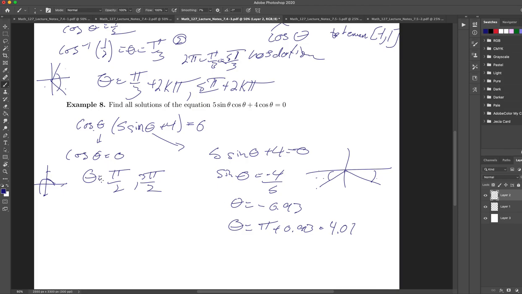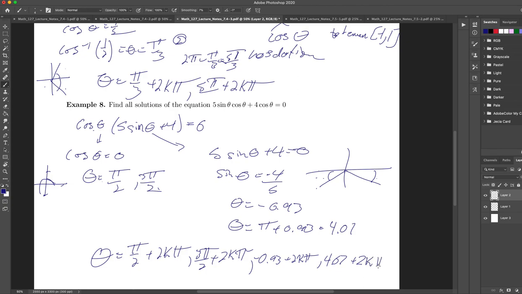Alright, so now I have all my angles, and so just to write it all as all the solutions, I'm going to write pi over 2 plus 2k pi, 3 pi over 2 plus 2k pi, minus 0.93 plus 2k pi, comma, 4.07, roughly, plus 2k pi. Okay, and so that's how we solve these equations.